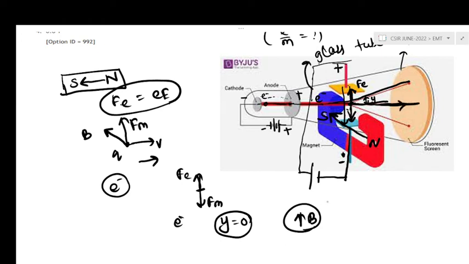It will only happen when the total force is zero, that is, the forces balance when the deflection is zero.